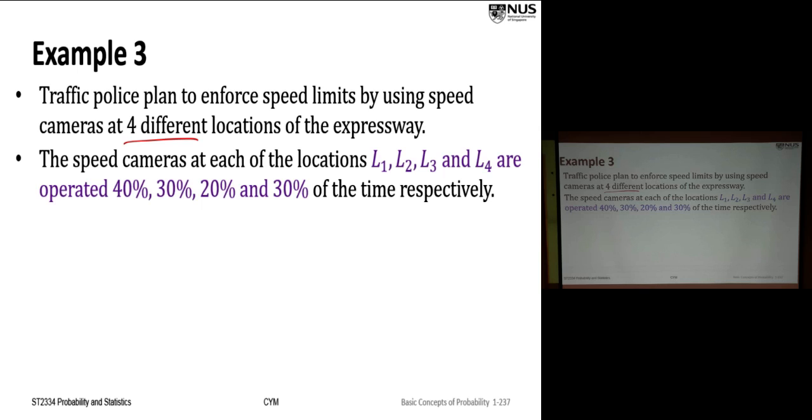I don't know about real life, so don't rely on that. Assume 100%, otherwise you may get speeding tickets. Here we assume that the speed camera operates some of the time randomly. When you're speeding, there is only a 40% chance that you're caught. Of course, if you're not speeding, then 100% you will not be caught.